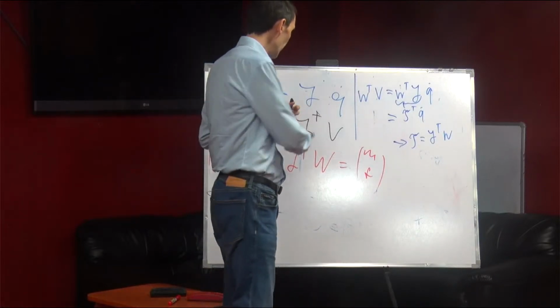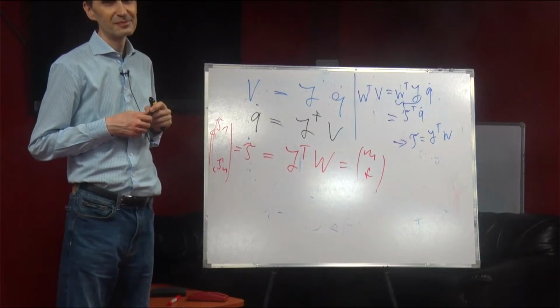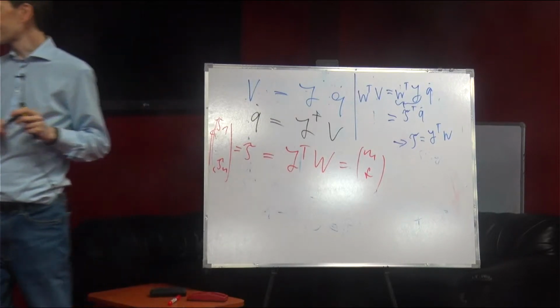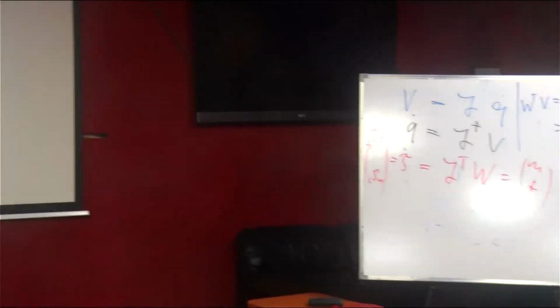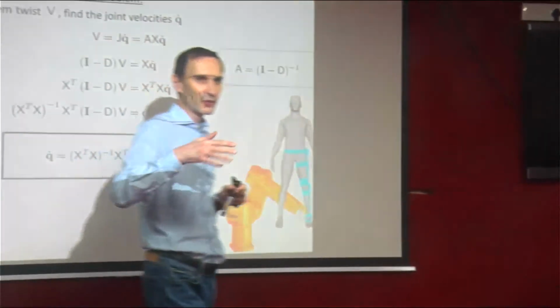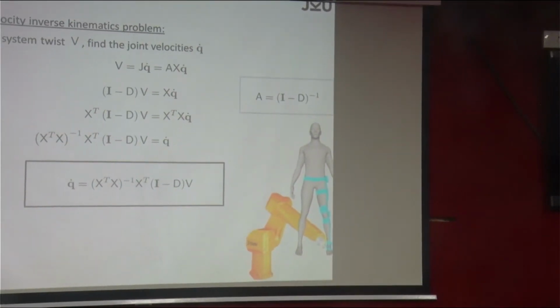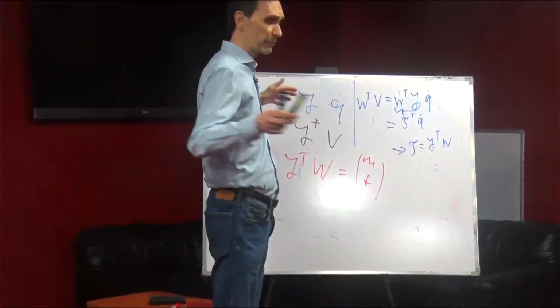And how do you compute the pseudo-inverse? Exactly. It depends on the size of the matrix. It could be a tall matrix or a fat matrix. In our case, well, this is not a good example because normally, when you have a redundant system, it's actually a fat matrix.